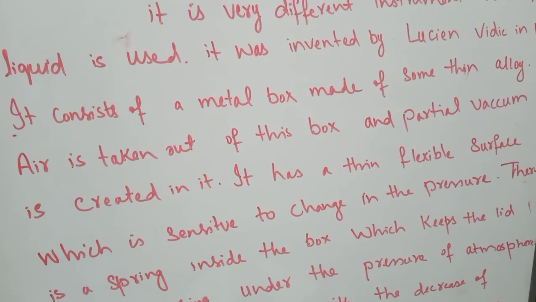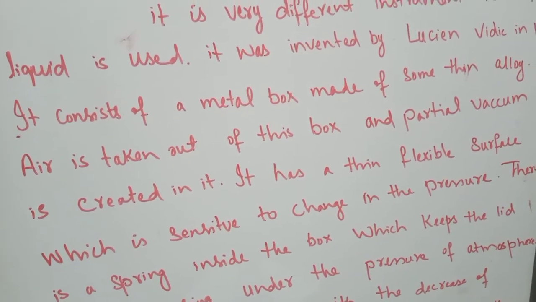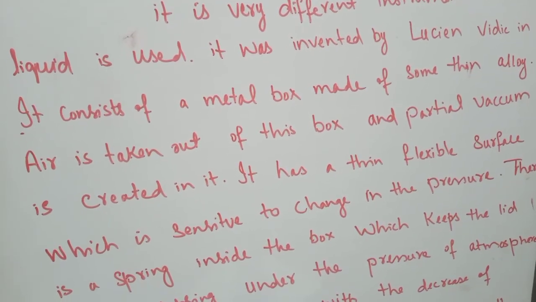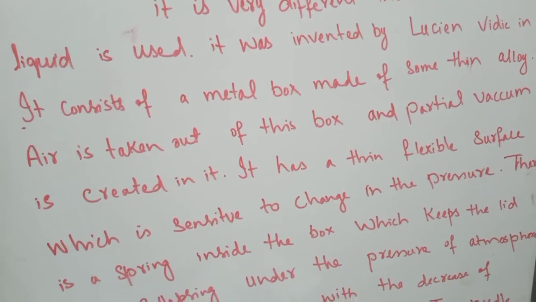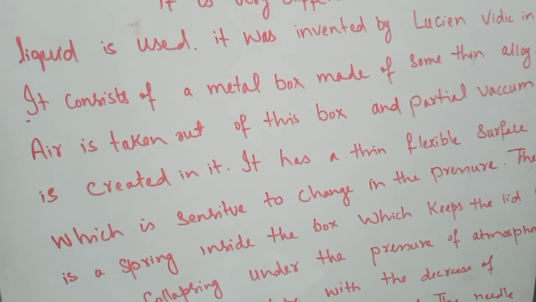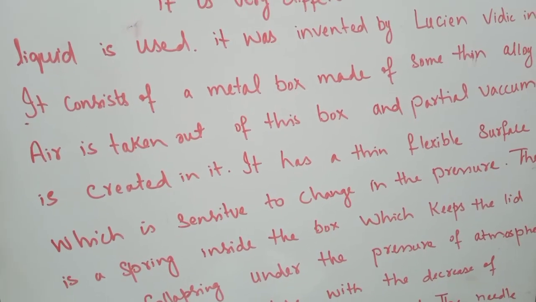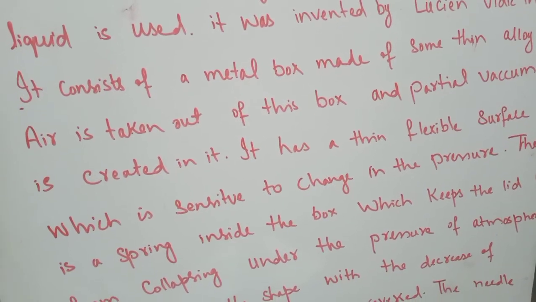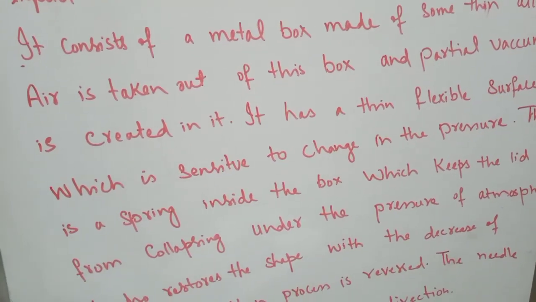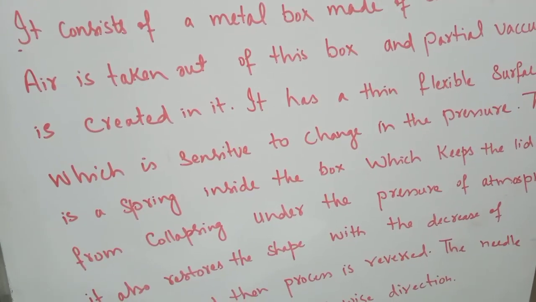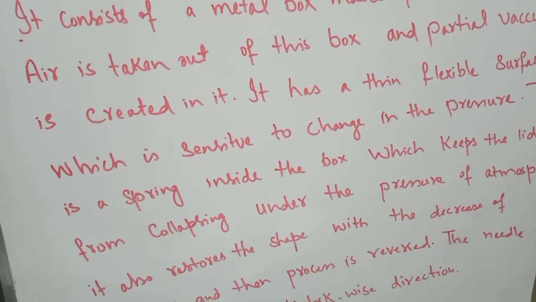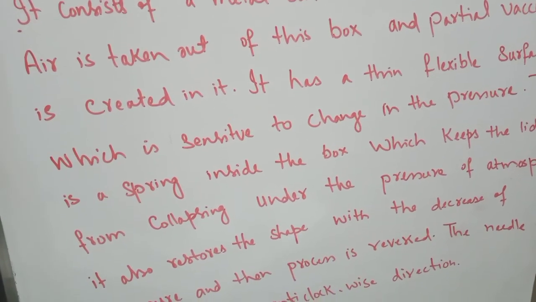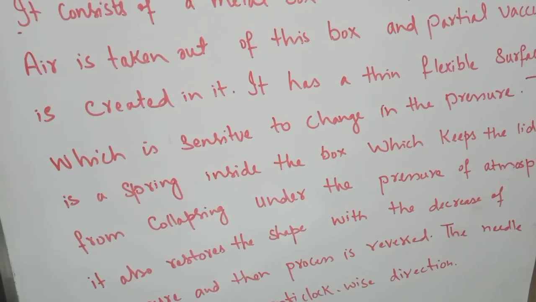Inside this apparatus there is a spring, and that spring is attached to prevent the lid from collapsing under pressure. Whenever it is under the pressure of the atmosphere, the spring is responsible for preventing the lid from collapsing, and it is also responsible for restoring the shape of the instrument with the decrease in pressure.